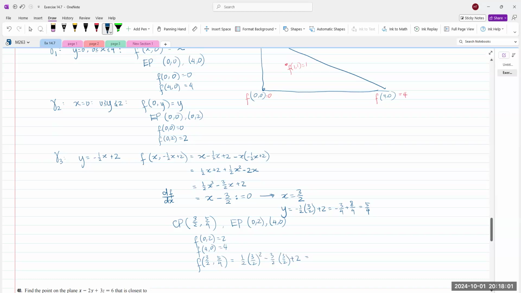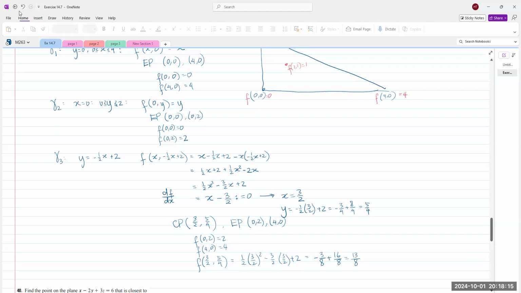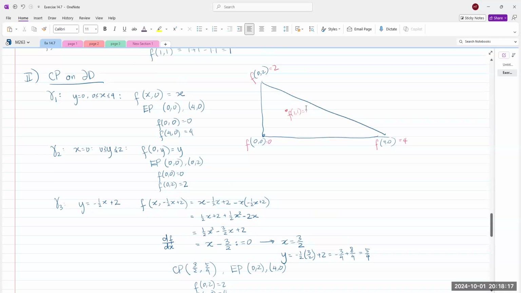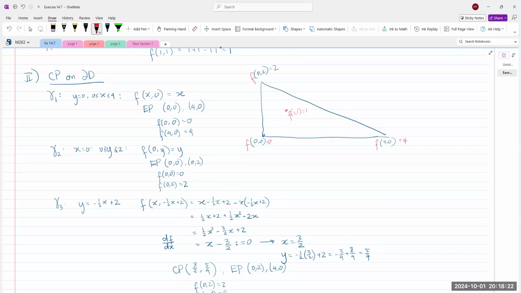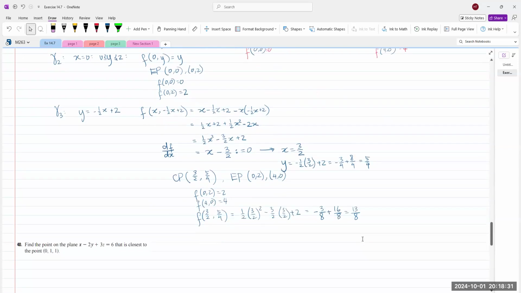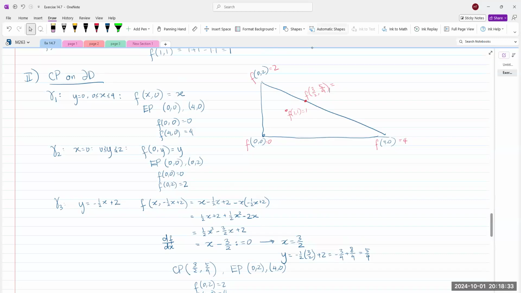That's negative 3/8 plus 2. That's 13/8. So at 3/2, 5/4, the value there is 13/8, which is much less than 4.